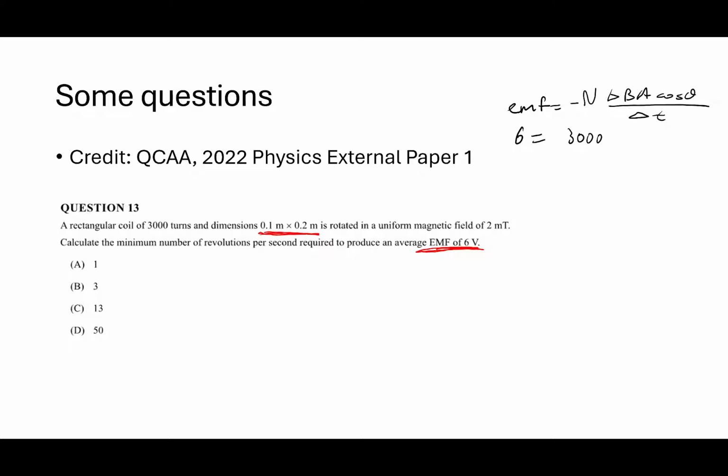We know our magnetic field and our area is constant. So we have 2 milliteslas times 0.1 by 0.2, and this is times delta cos theta over delta t.